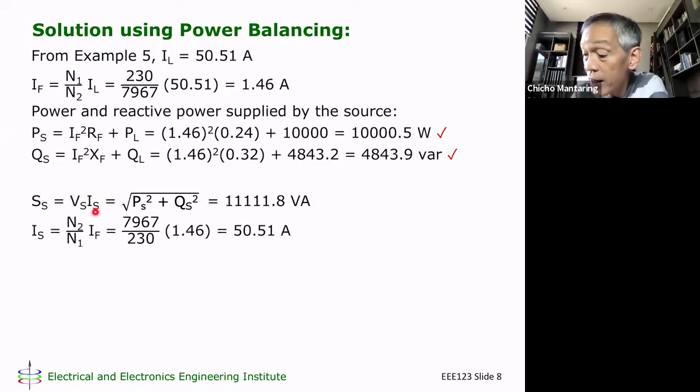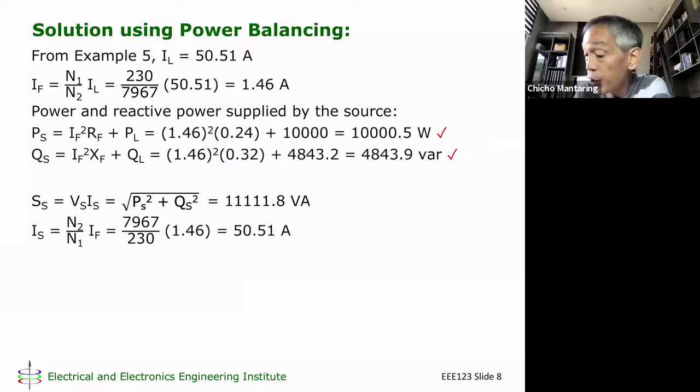Now, I of S, the current delivered by the source, I can get from the current relationship of transformer 1. I of S is just N2 over N1 times I of F. And in fact, I of S is just going to be translated back to what it was originally, which was 50.51 if we did not have any transformer 2.